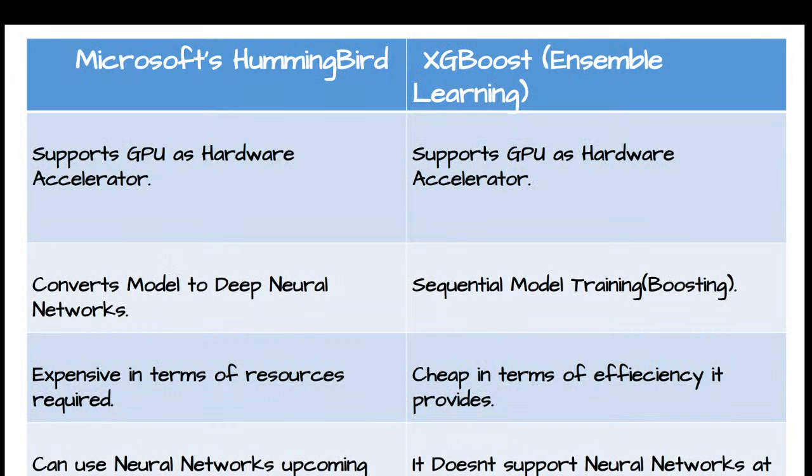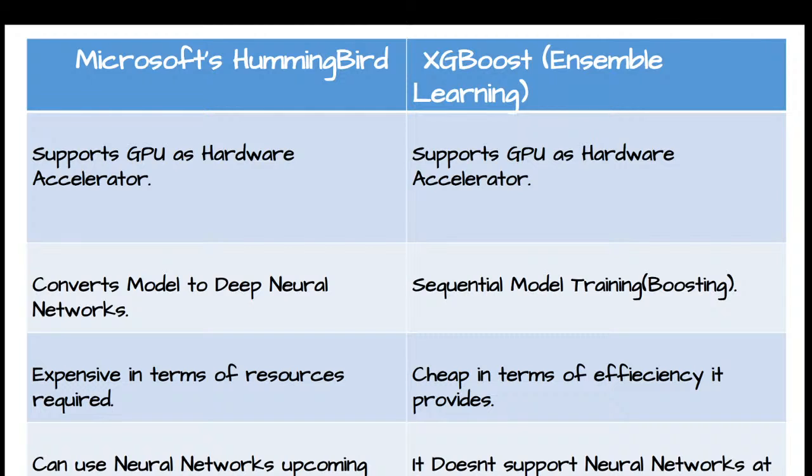So we can now compare it. Hummingbird supports GPU as a hardware accelerator, and XGBoost also supports GPU as a hardware accelerator, and both perform about the same. Then we have the second difference: Hummingbird converts the model to a deep neural network, but the XGBoost ensemble learning technique does not convert the model to deep neural networks.